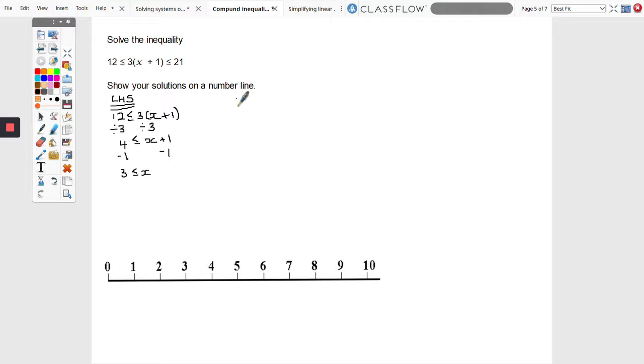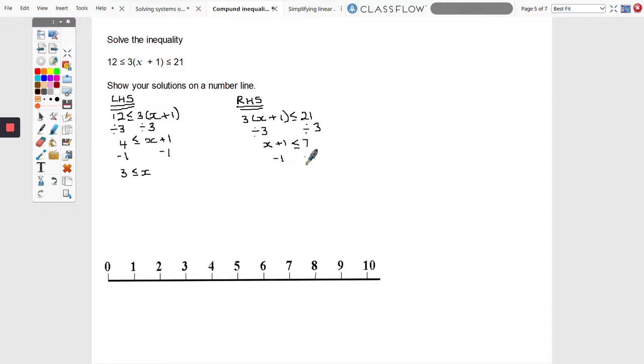Now if we move across to the right hand side, so this time we're going to solve 3 bracket x plus 1 is less than or equal to 21. So the same steps that we went through on the left hand side. We're going to divide both sides by 3, and that will give us x plus 1 is less than or equal to 7.